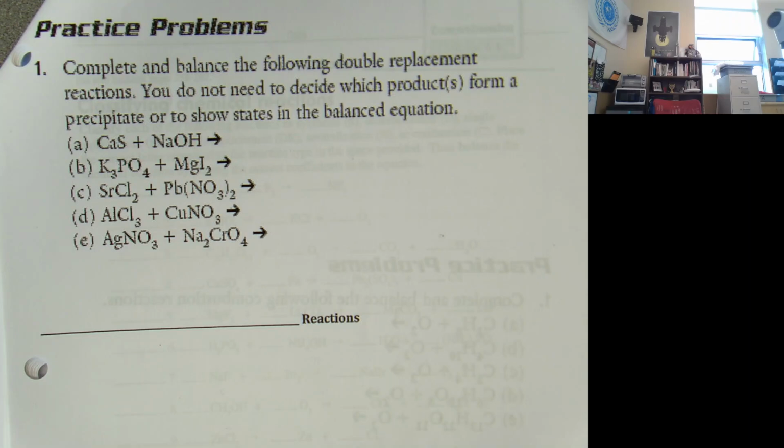Why is the Cu with Al? Oh, oopsie. Yeah, fix B and you're good. Oh, I just wrote the wrong thing. Well, not only did you write the wrong thing, the copper is 1 and the chlorine is 1. So it should be 2. You legitimately balance copper with aluminum.